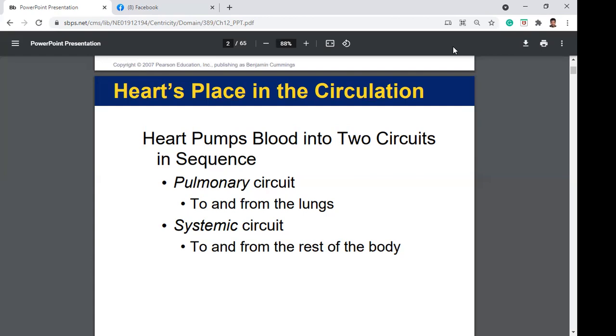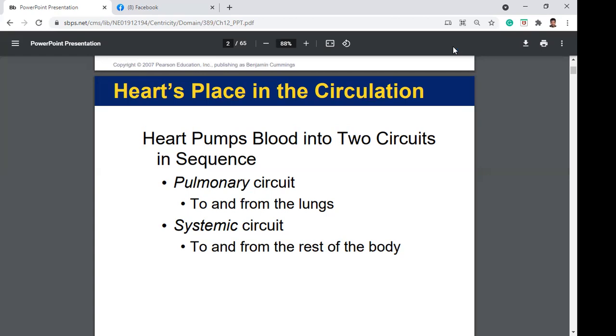While the inferior vena cava comes from where? From the lower limbs, from the legs, and not only the lower limbs but all the organs below the heart. So blood coming from your lower limbs, your testes, your ovaries, liver, your kidney, they will all come through the inferior vena cava right into the right atrium.